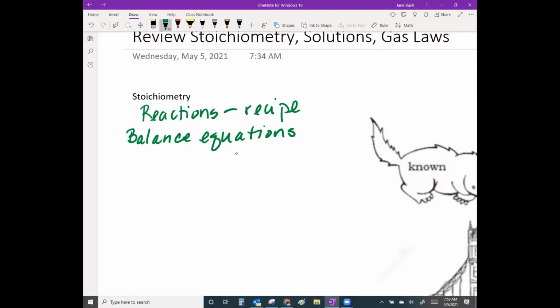I think there is a balance on the final, and I think it's a combustion question. Yes, there's one combustion reaction that you have to balance.